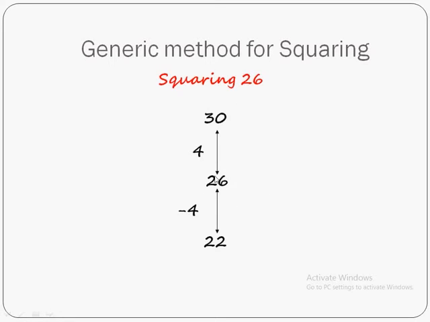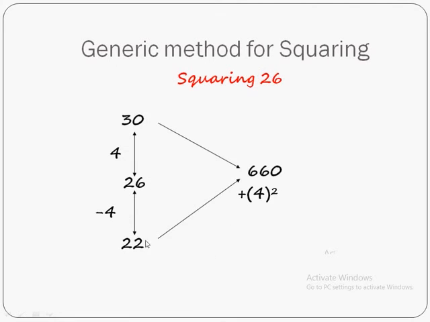The nearest number ending with 0 is 30. Now how far is it from 26? That is 4. So what I will do is I will write 4 here, and also I will subtract 4 from 26, and write the output here. So after subtracting 4 from 26, my output is 22.